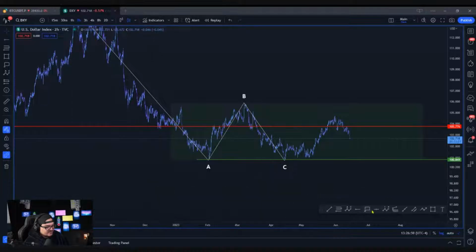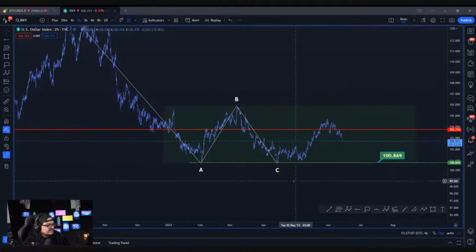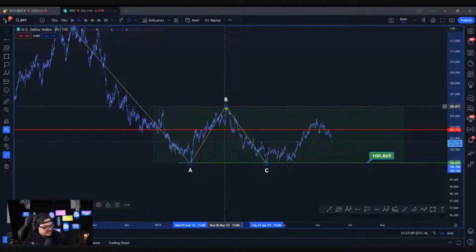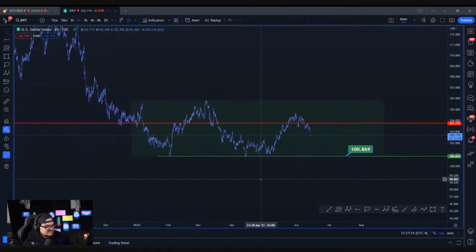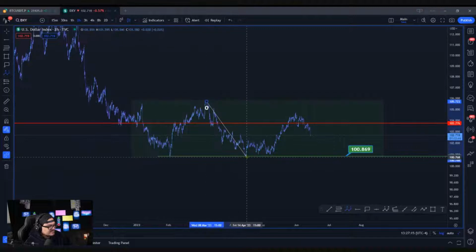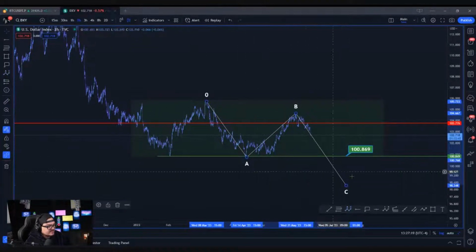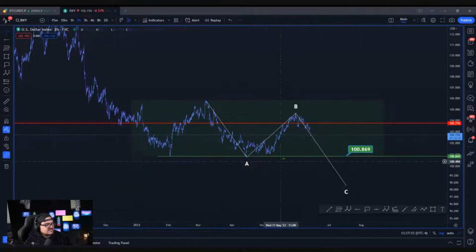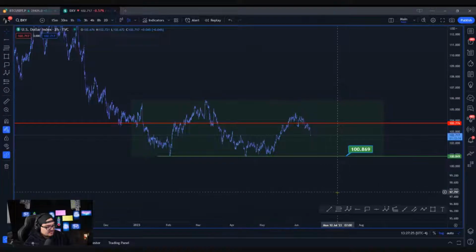So it's something to keep in mind that we are temporarily bullish, even though we are descending at this point. Another scenario is that maybe this C wave is not done, that maybe this is an A to a B and we get one more C. That's a much more extreme bearish case scenario for the DXY.